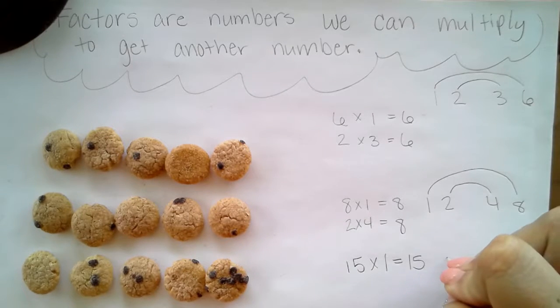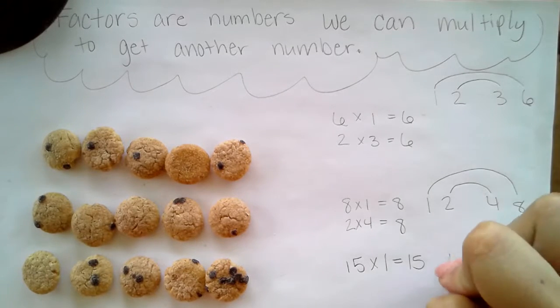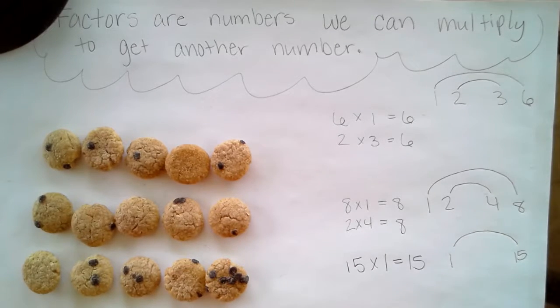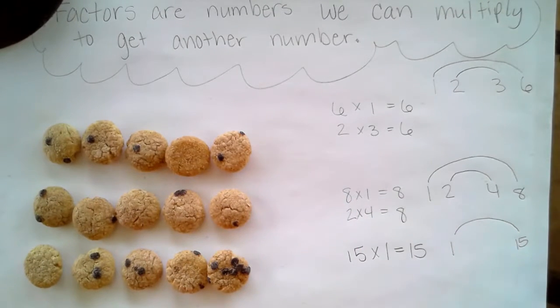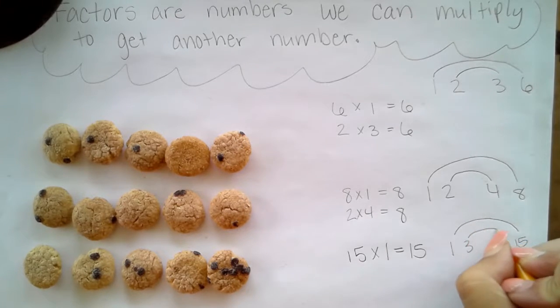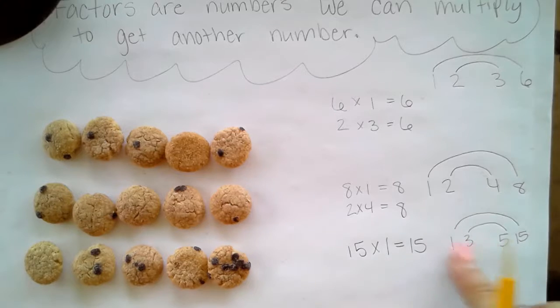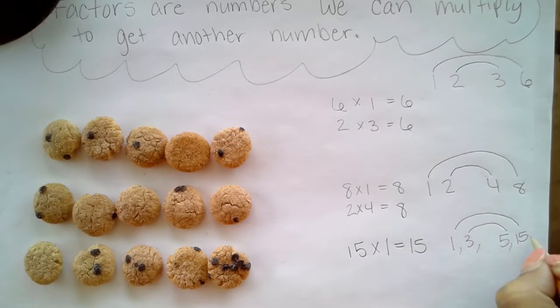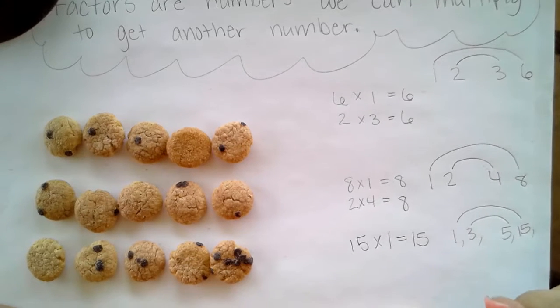So if I'm making my rainbow, I've got 1 times 15 and 5 times 3. So I'm going to put the 3 here and the 5 here. Are there any other numbers? And do you realize you're getting bigger? So 1, 3, 5, 15. Okay, those are my factors there.